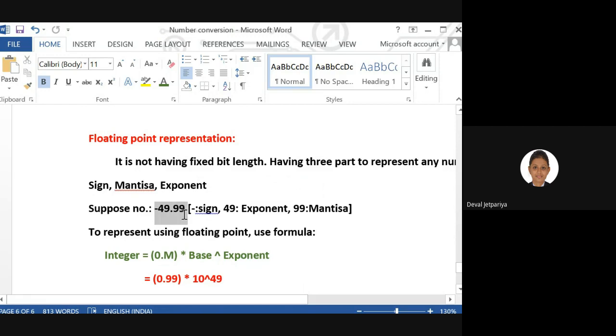We all know this particular value belongs to the decimal system, so the base value is 10, and 10 to the power, what we need to use as the power? Exponent. So here exponent is nothing but 49. So everyone getting how we had converted this one?